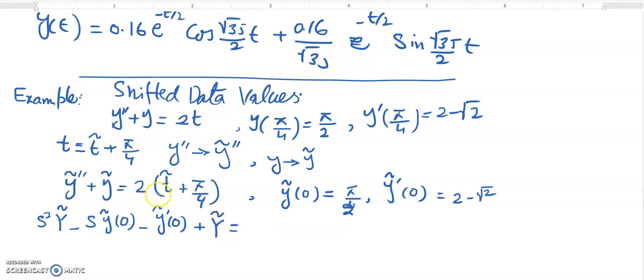Over here it is t tilde, so its Laplace transform will be, for t, 1 over s squared, so it will be 2 over s squared, and for pi over 4, it will be pi over 2 multiplied by 2, and since it is a 1, its Laplace transform will be divided by s.